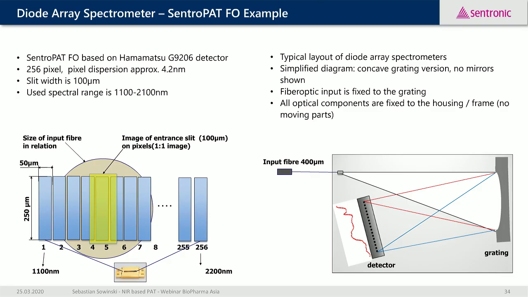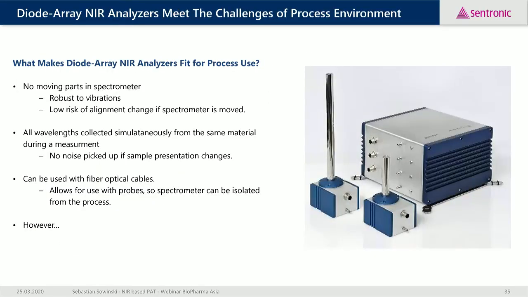The fiber optic input is at a fixed position, and all optical components, the fiber input with slit, the grating itself, and the detector are fixed to the housing and frame, and there are no moving parts in this spectrometer or optical bench, which provides excellent long-term stability and makes it possible to use this system fit for purpose for this continuous line.